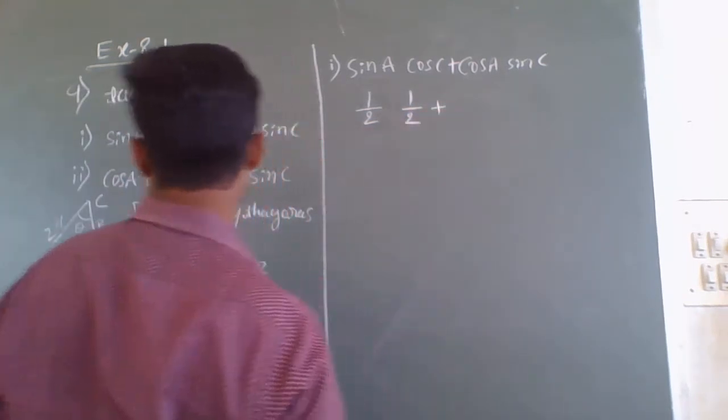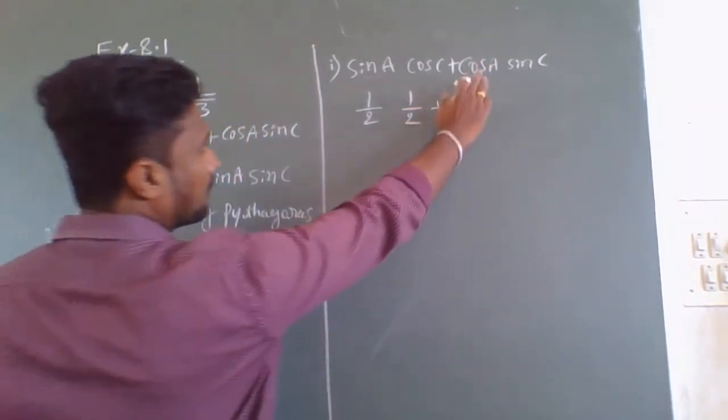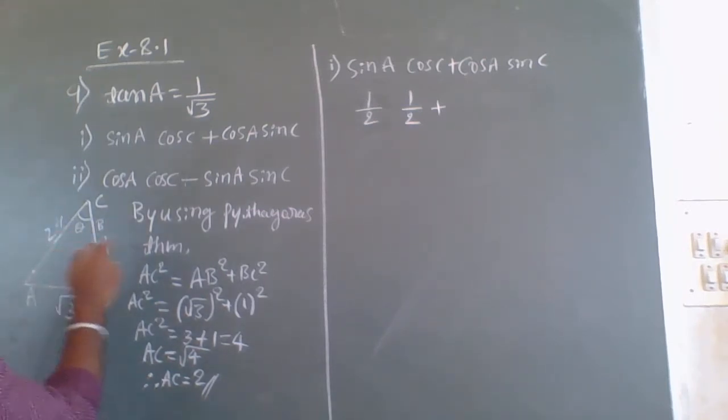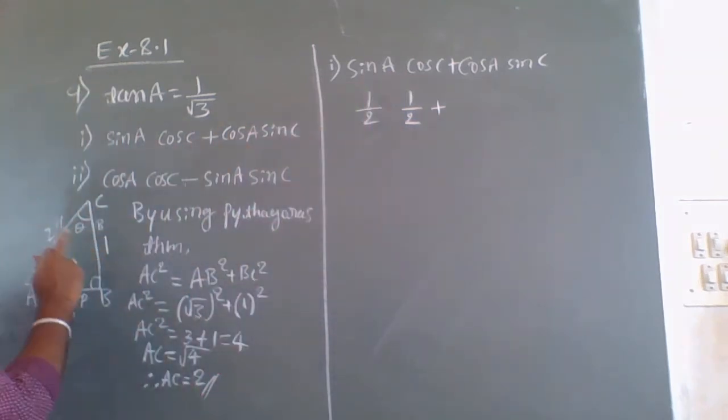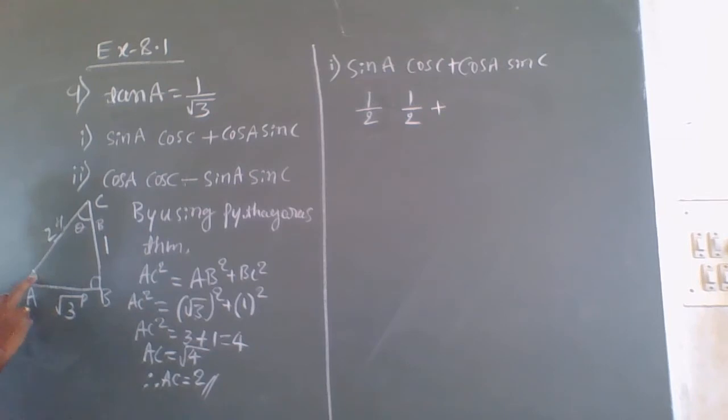Plus now we have cos A. Here angle A is referred to as theta, so theta changes, and the base and perpendicular change, but the hypotenuse remains constant.